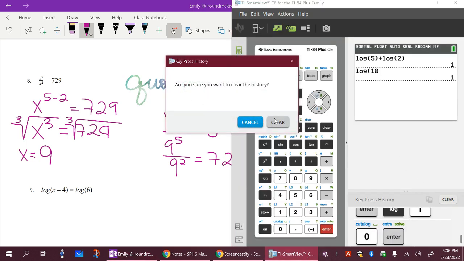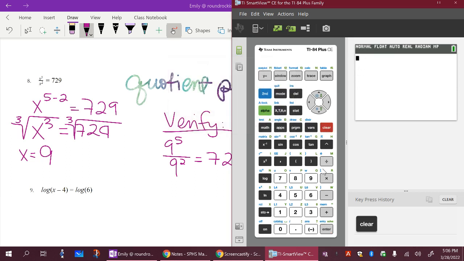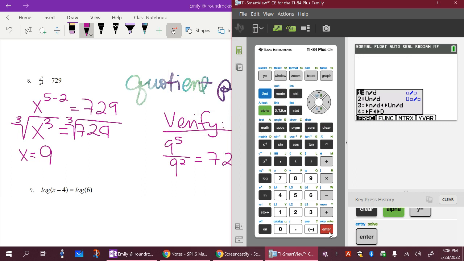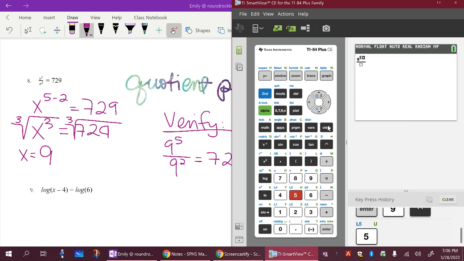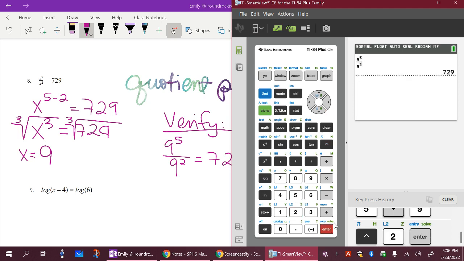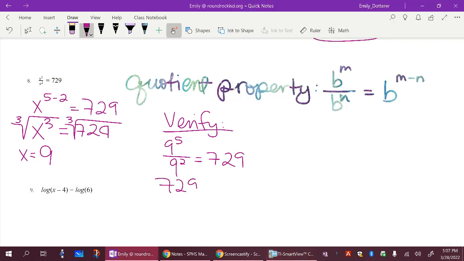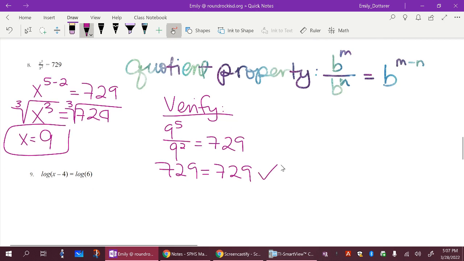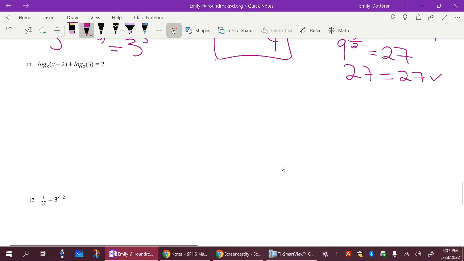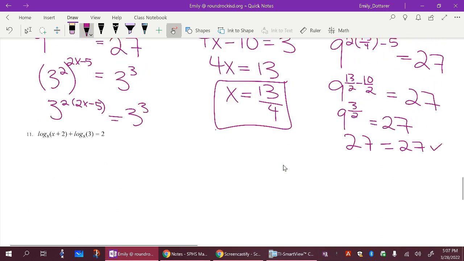Okay. So 9, let's see, alpha. Okay. 9 to the 5th divided by 9 squared gets us 729. There we go.